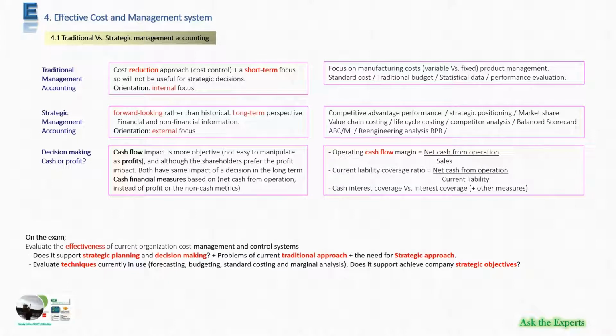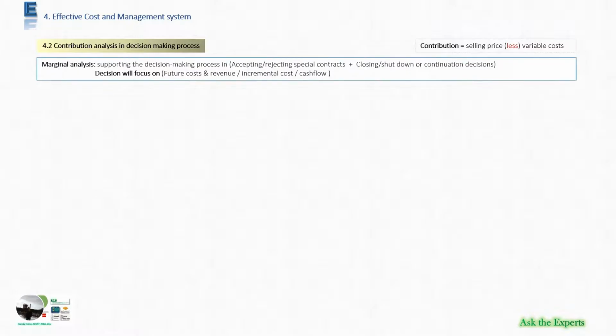Contribution analysis in decision-making process. The contribution analysis is based on variable costs as they are the relevant costs as far as decision-making is concerned. The analysis helps organizations to understand the contribution of a product to the net income. One of its common techniques is the marginal analysis.